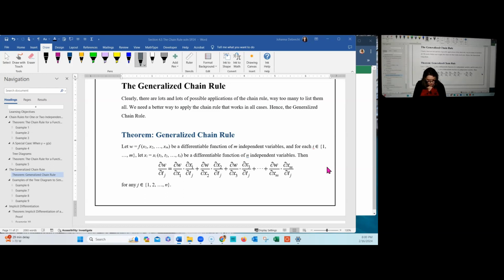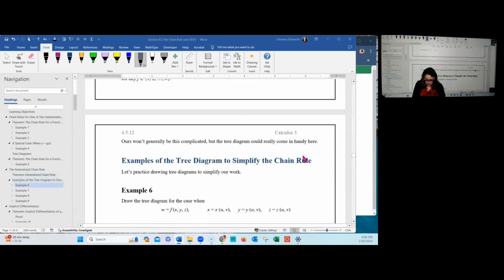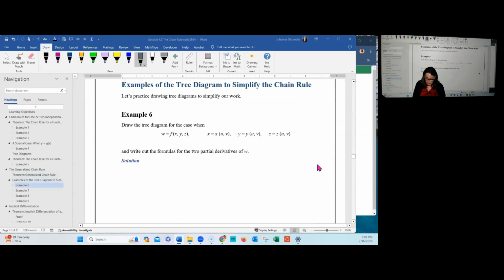Let's now take a look at examples of the tree diagram that will help us to simplify the chain rule. We're not going to do ones that are as complicated as the generalized chain rule, but they do get relatively complicated relatively quickly. So it's a good idea to go ahead and practice the tree diagram to help you break apart the different pieces that need to go into the chain rule when we have composition of functions involving functions of multiple variables.